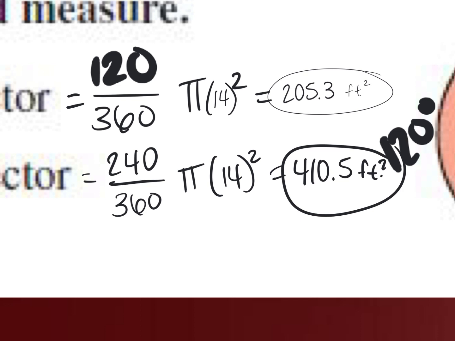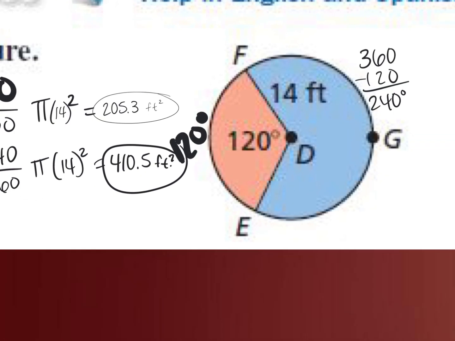One's double the other one. Why did that happen? Why was one part of the circle exactly double the size of the other part of the circle? Yep. Very good. 120 over 360 is a third, right? So it's a third of the circle versus 2/3 of the circle. One's going to be exactly half of the other one. Guys, we're done. Turn this in.